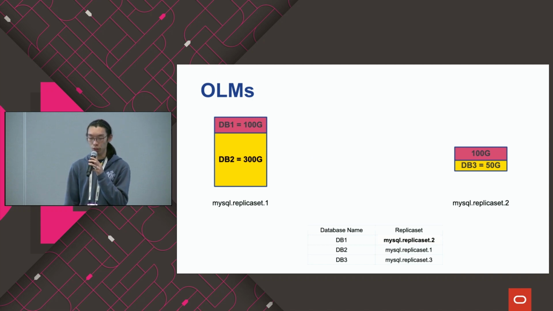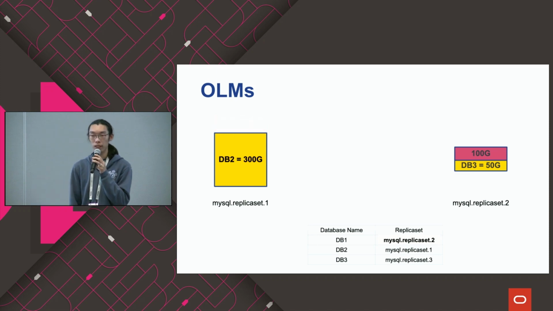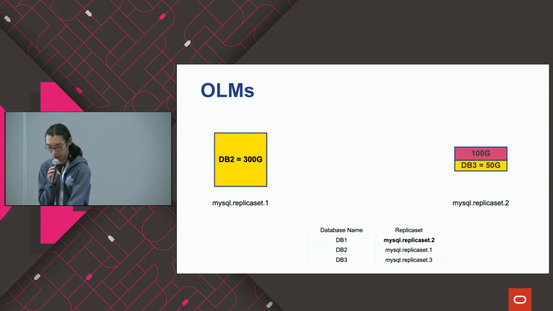So once the new address is registered, all the clients will start noticing that the destination of the shard has been changed, and then they will start talking to the new replica set. And then once we verify there is no client-side error and there are no orphan connections or leftover connections on the source side, source replica set, we'll just drop the database on the source side to finish the whole logical migration.